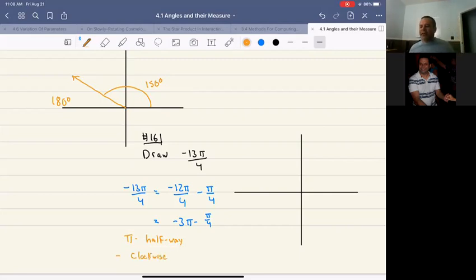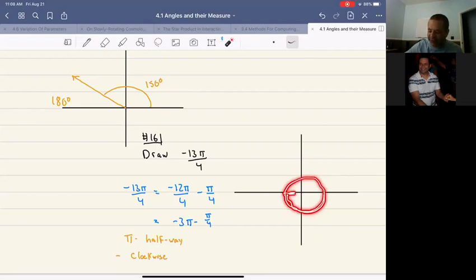That's an important thing to think about. In math and physics, when you're thinking about rotations, positive is counterclockwise rotation. So we're going to go half, full, 3 halfways around.